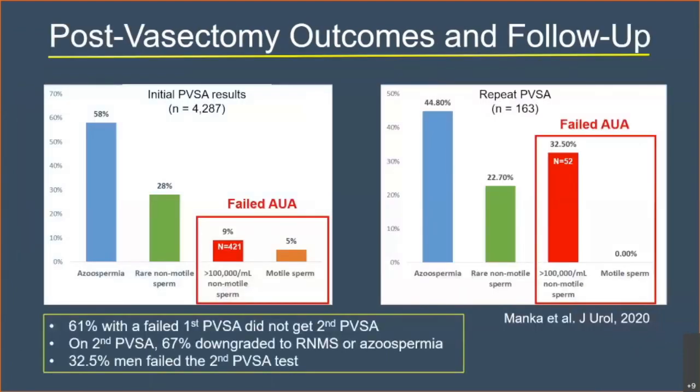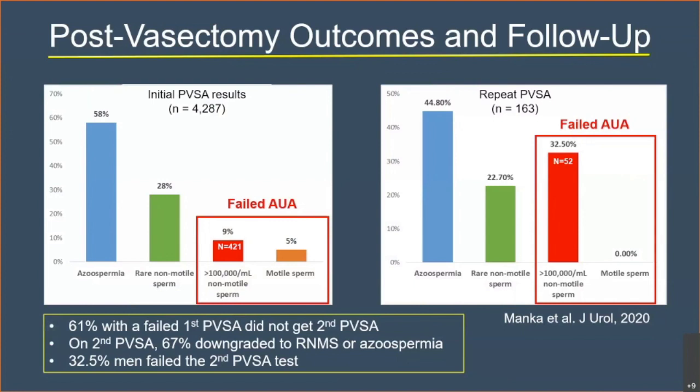Next. So this is a recent study from last year where the study examined the post-vasectomy outcomes and the follow-up of these patients. Are there any patients that are lost to follow-up? So this was a big study where more than 4,000 men were examined, and this was conducted at the Mayo Clinic.